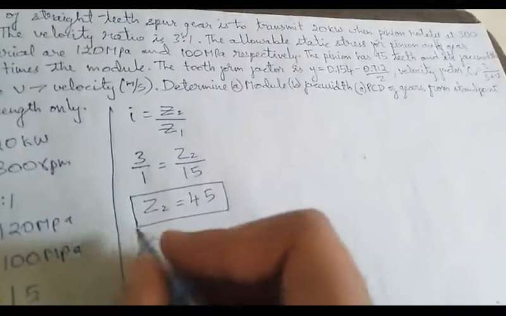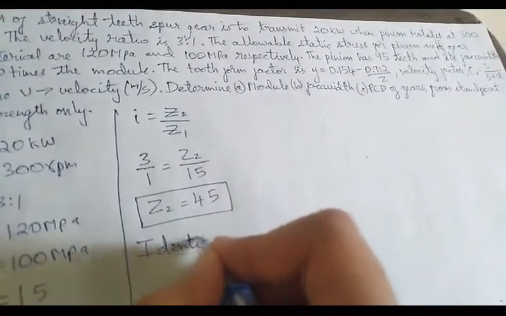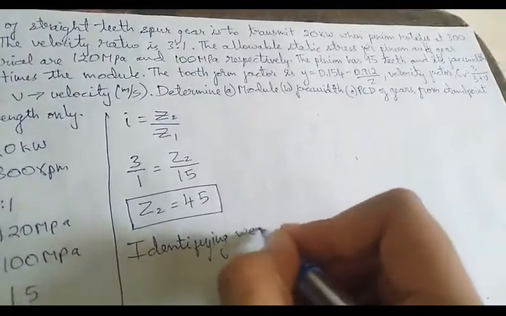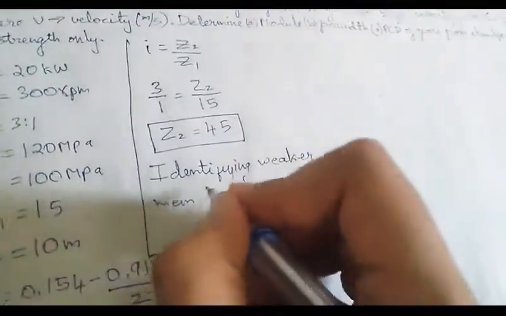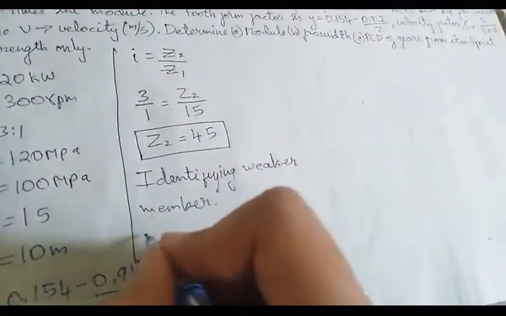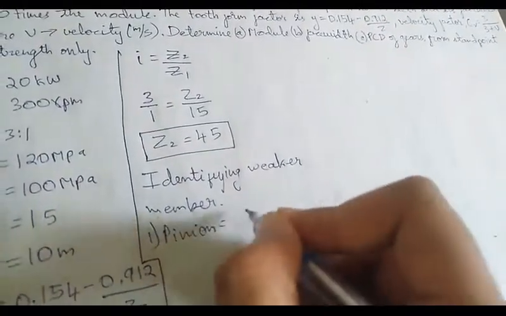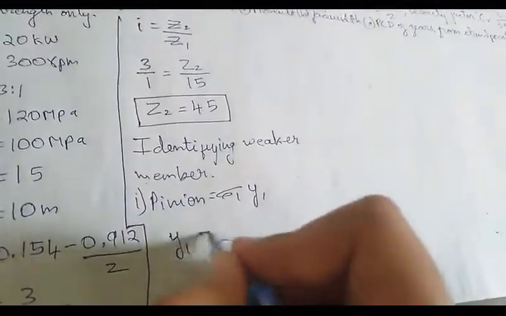Next we shall identify the weaker part. First for pinion, sigma 1 y1. So y1 we need to find first.